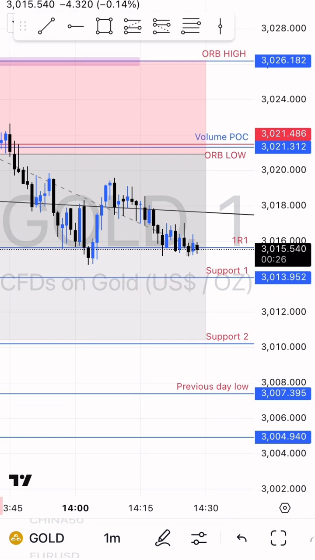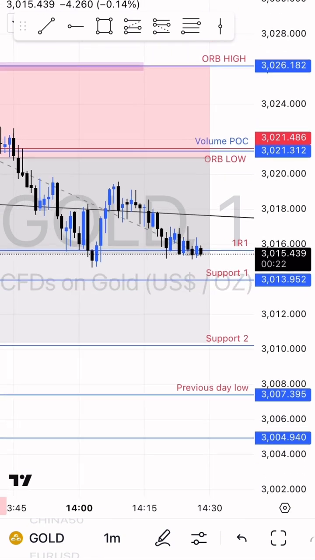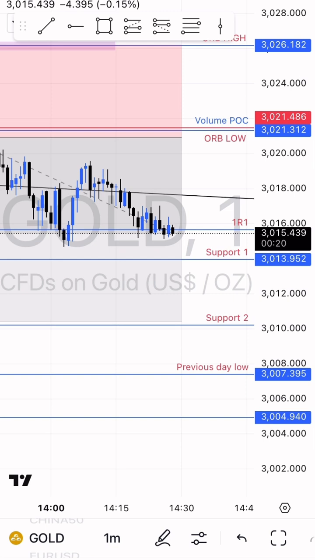So here we can call this a consolidation market. The market is consolidating within this range. We could see the bulls stepping in, or probably a candle to sweep liquidity.